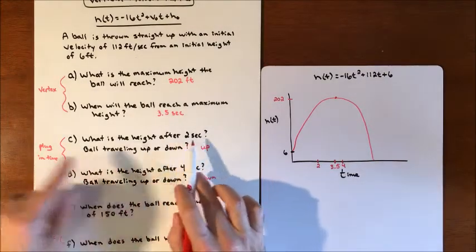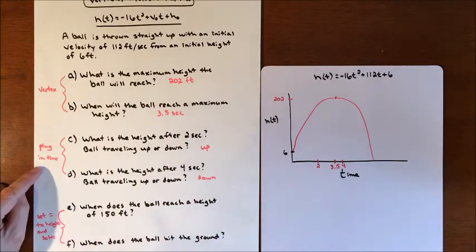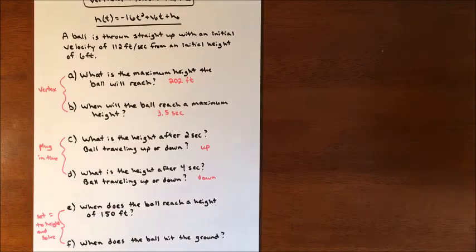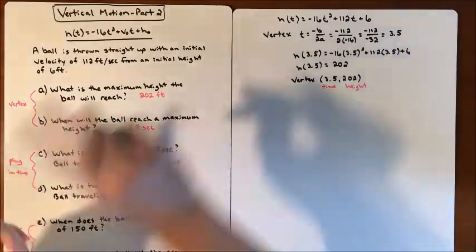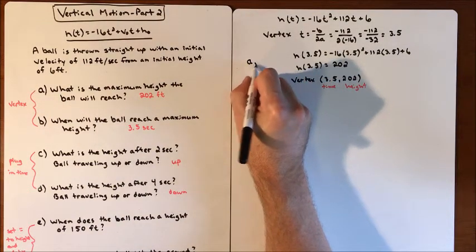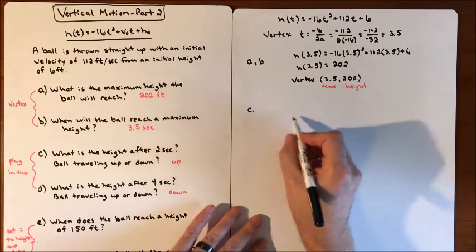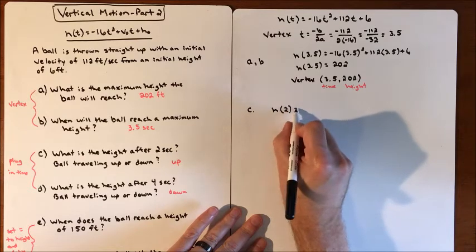Okay, but how do we figure out what the height actually is after 2 seconds? We're going to plug it in. So we're going to come back to the graph, and let's plug it into the equation. All right, so this was part A and B. Part C is we're going to find the height after 2 seconds.